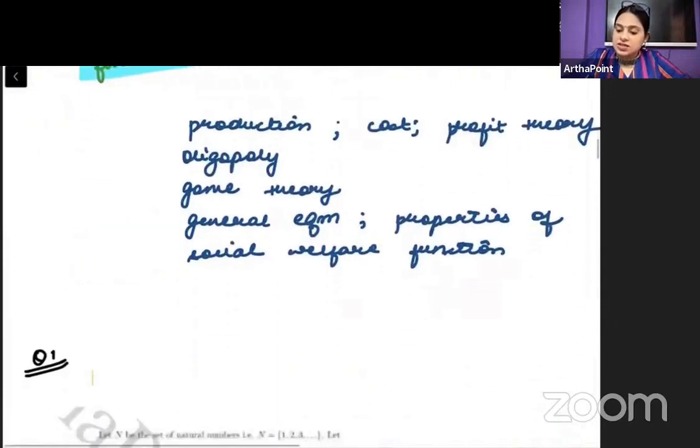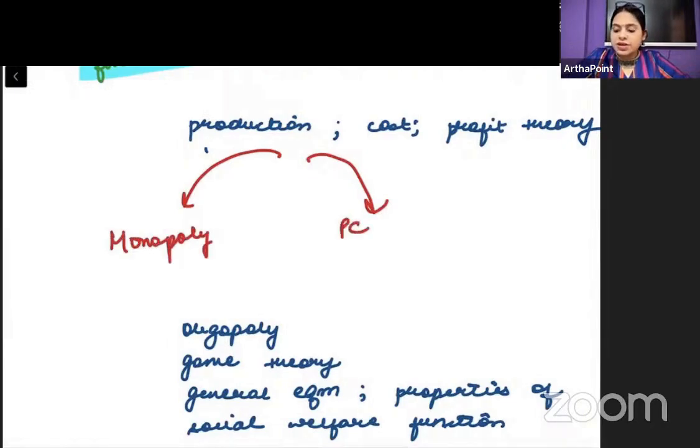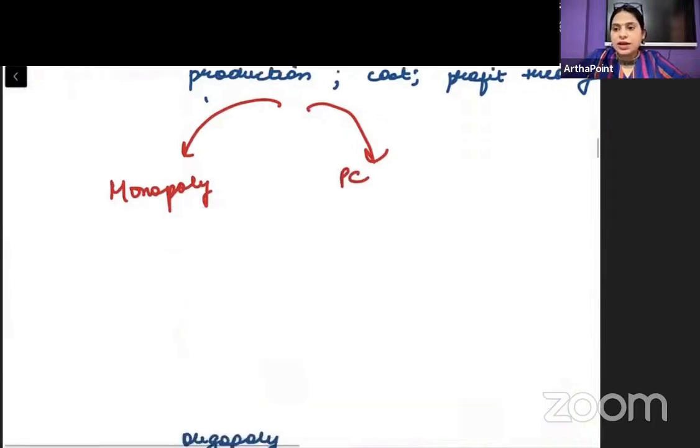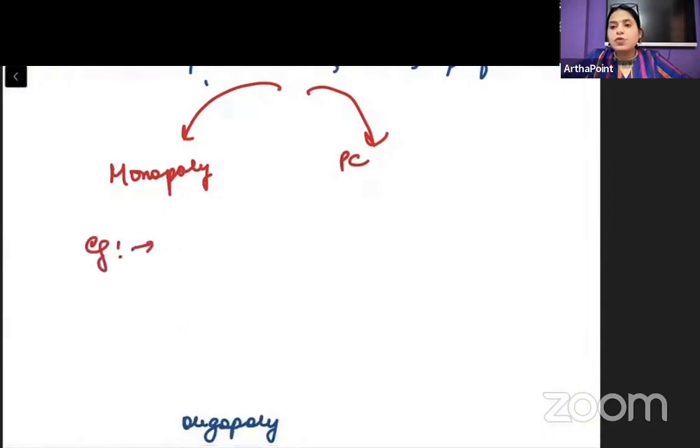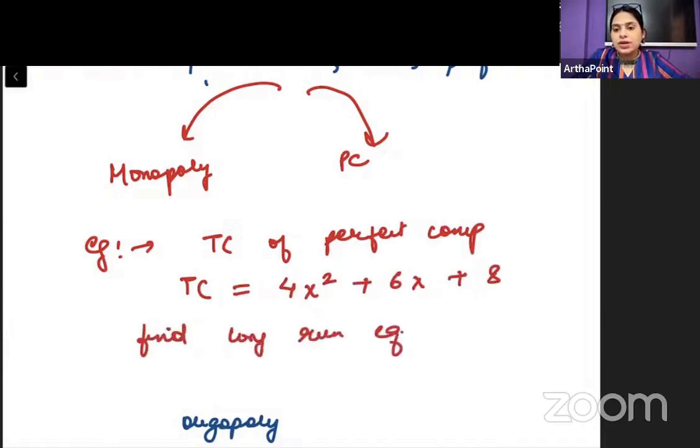The second thing that can be asked in exam can be related to production, cost and profit theory. In this case, you can be asked based on either monopoly or perfect competition. Let me give you an example. Say I give you the total cost function of a perfect competition, that total cost is 4x square plus 6x plus 8, and I ask you to find the long run equilibrium level of output.